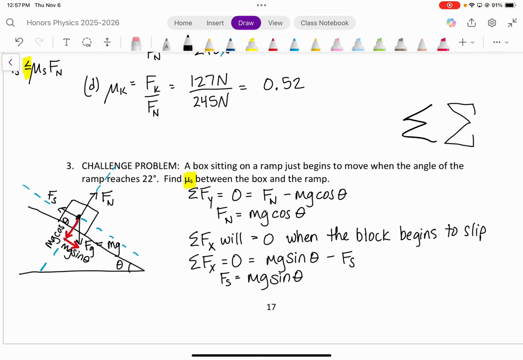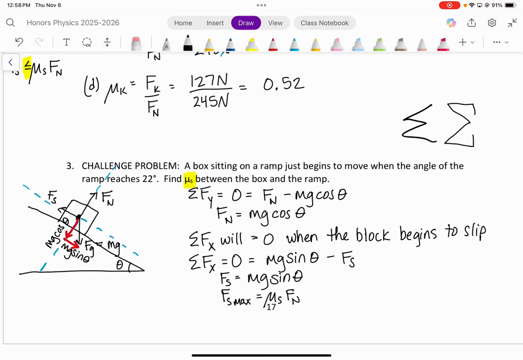Now, I have another expression that I have learned and used today that says the maximum static friction is going to equal what? What equation do I have? Less than or equal to, but when it's at its max, it's equal to mu s times Fn.